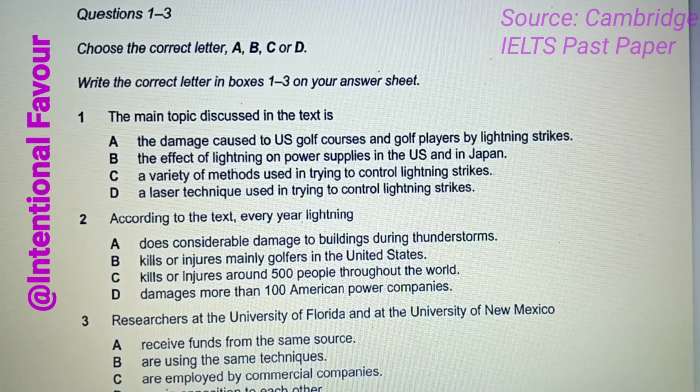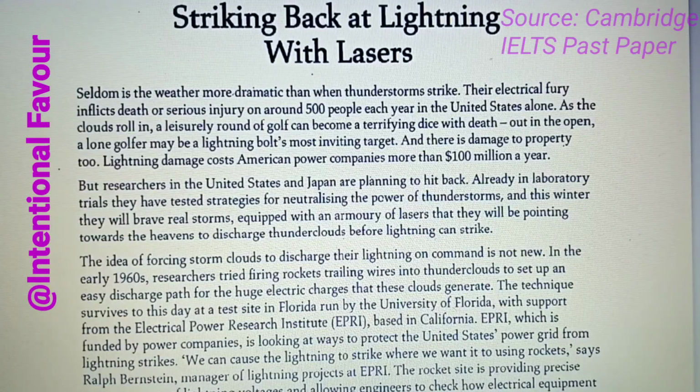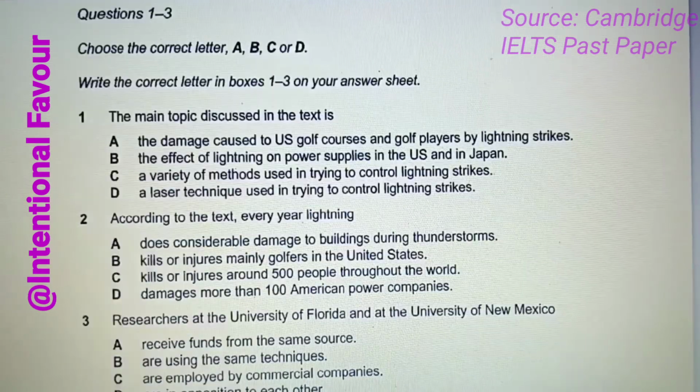But option D was specific, and that is what the heading also talked about, striking back at lightning. Controlling lightning is like striking back at lightning. And what is used to do that? Lasers. And that gives us option D. I hope that is clear enough. Let's move on to question 2.